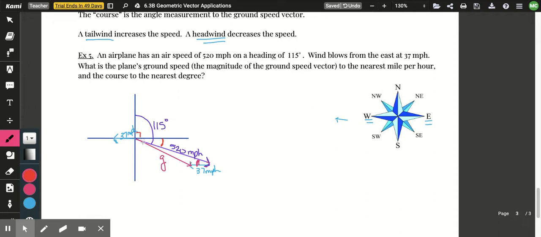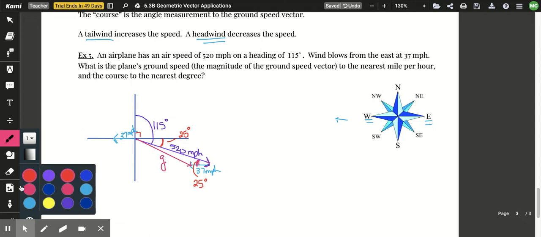So if I took out this right angle, this 90 degrees, then that would tell me that this angle right there is, let's see, 25 degrees. Now that one's helpful because that one and the angle that I actually want are alternate interior angles on parallel lines, which means they're congruent. So that one is 25 degrees as well.